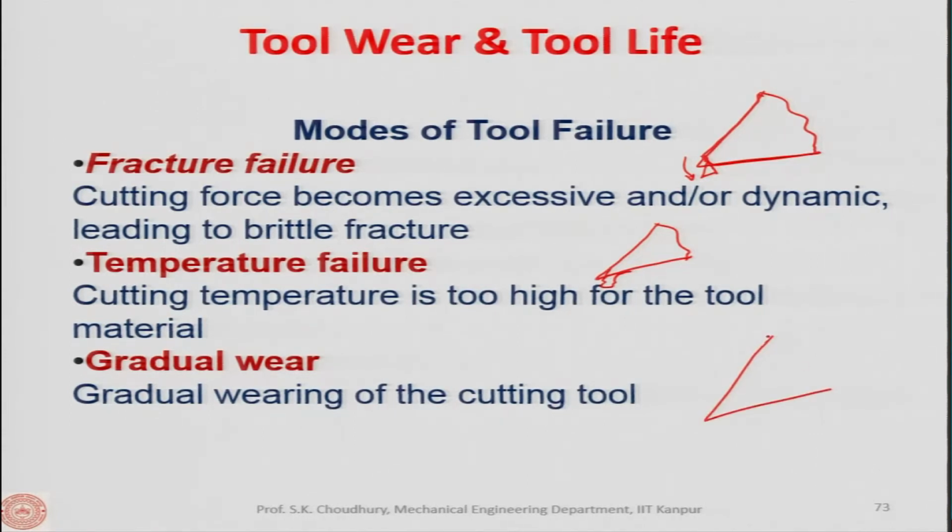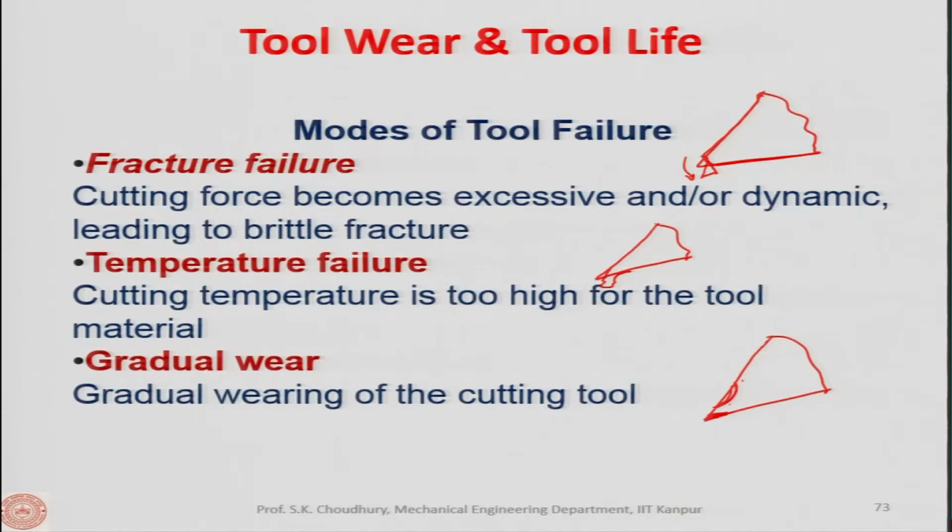So, we have the sharp tool. That tool can gradually wear, because here the chip is flowing along the rake face and the flank face is rubbing with the already machined surface. So, these are the kinds of gradual wear that may happen. Temperature failure is the thermal effect, and then there are high cutting forces, or dynamic cutting forces.